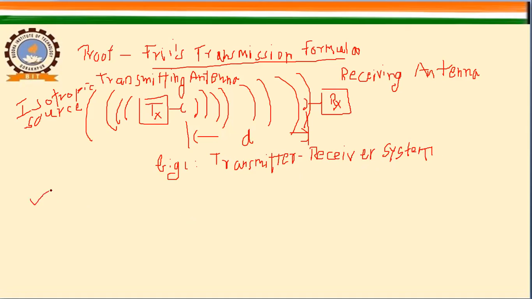So let's start now. The power density is a measure of the amount of power per unit volume. So the power density is first to be calculated per unit volume.